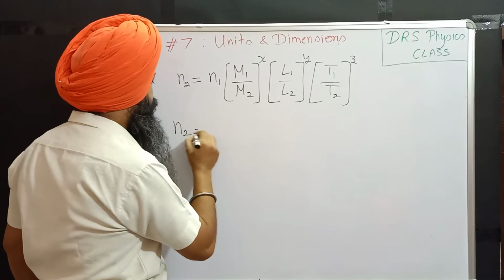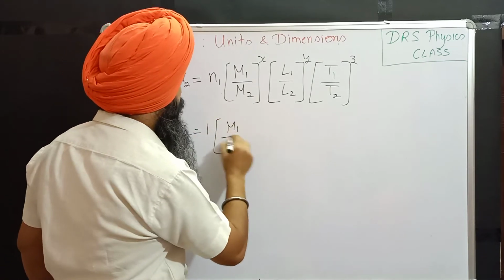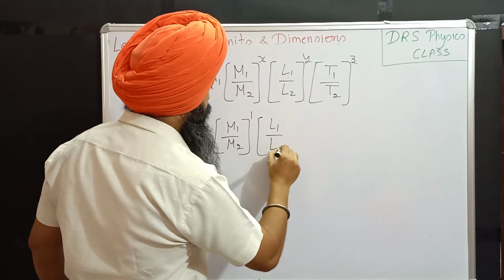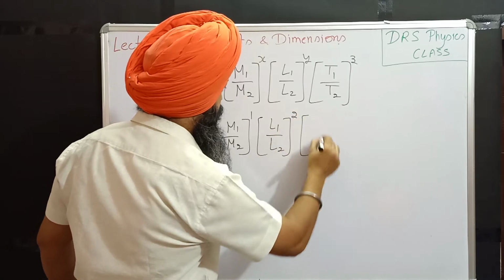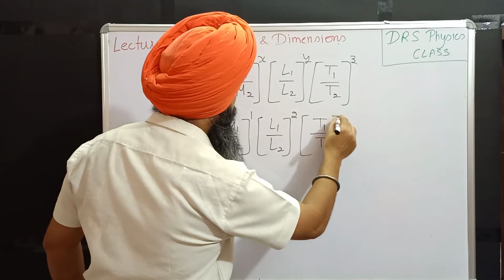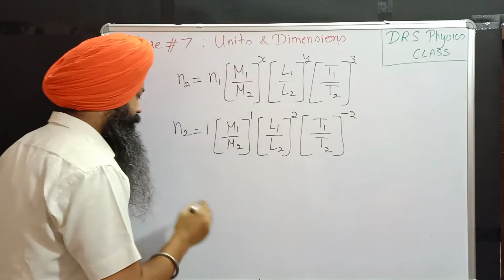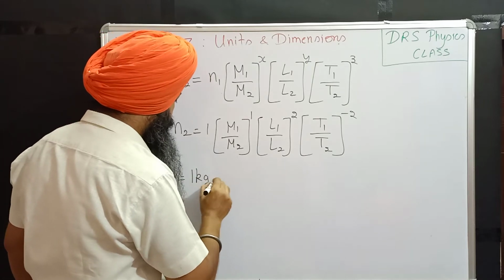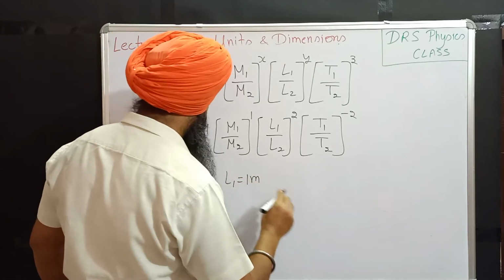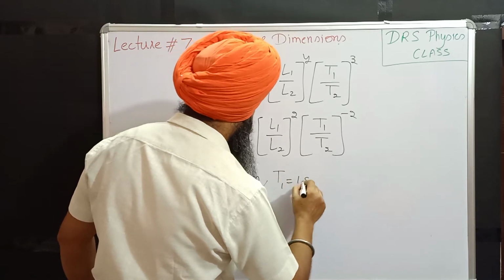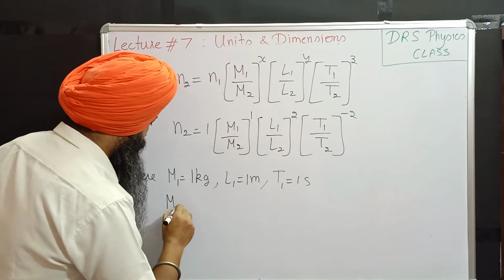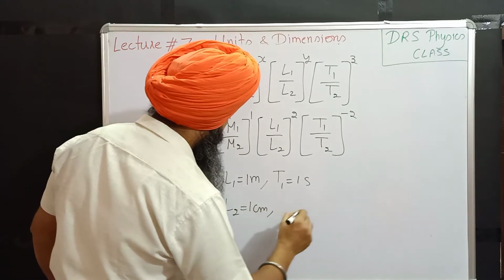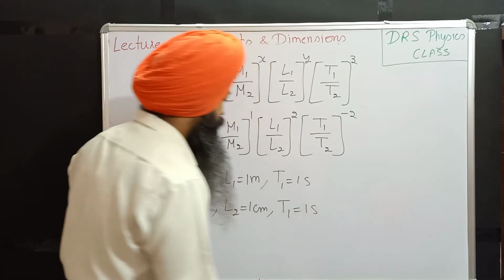So N2, what is the value of N1? 1. M1, M2 power 1, L1, L2 power 2, T1 upon T2 power minus 2. Here M1 is 1 kilogram, L1 is 1 meter, T1 is 1 second; M2 is 1 gram, L2 is 1 centimeter, and T2 is 1 second.